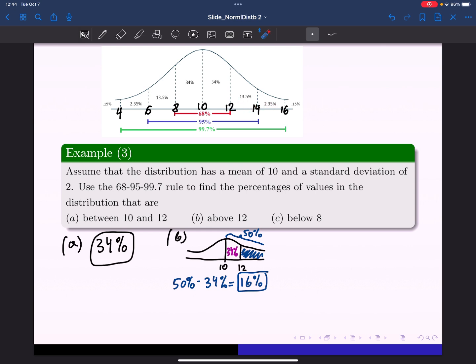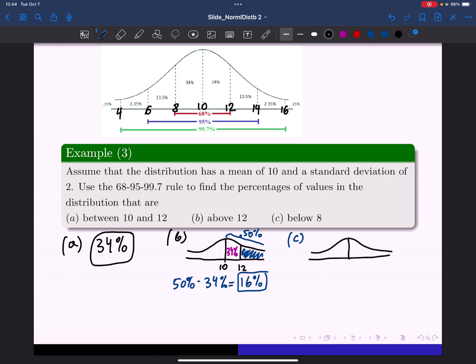Now the question is, part C, what percentage of values are below 8? Below 8 is right here. It is pretty much what we have in the other one as well, right? So if we draw part C, we would have a normal curve.